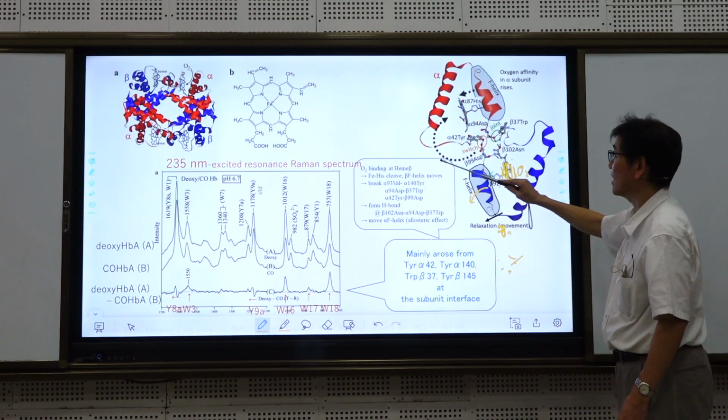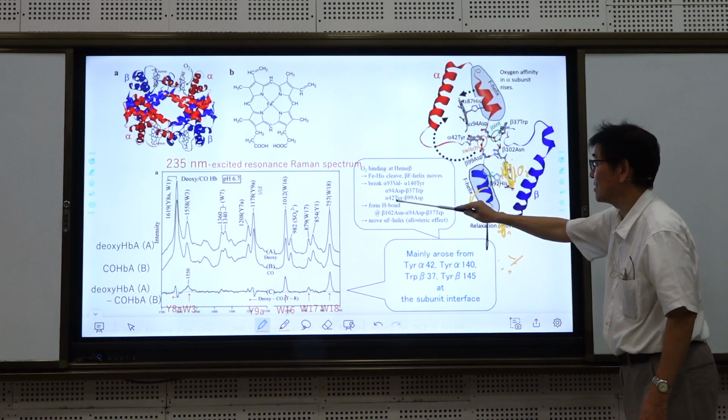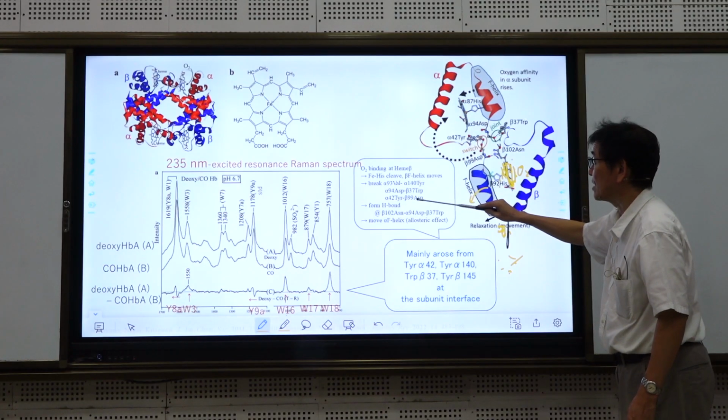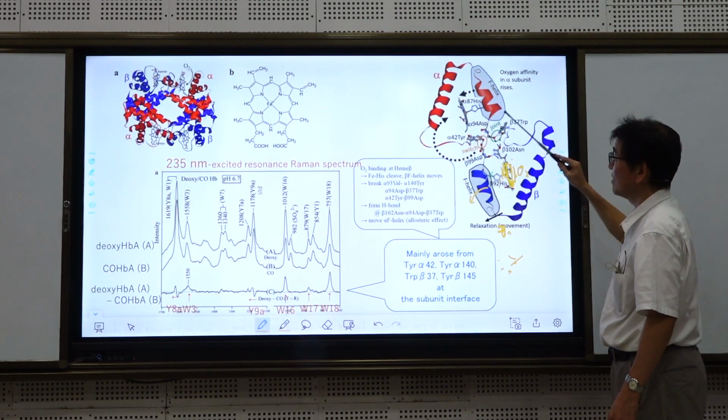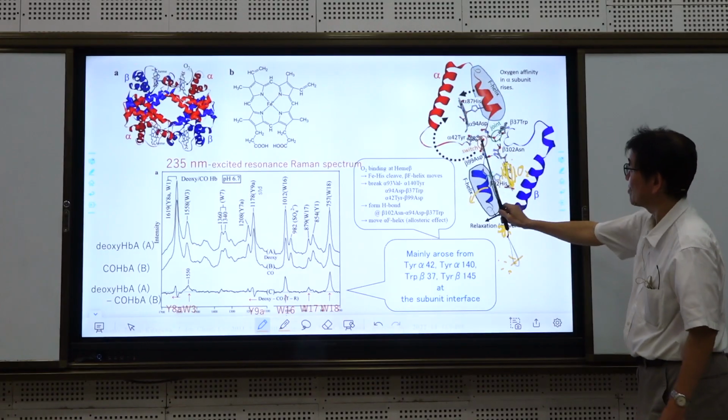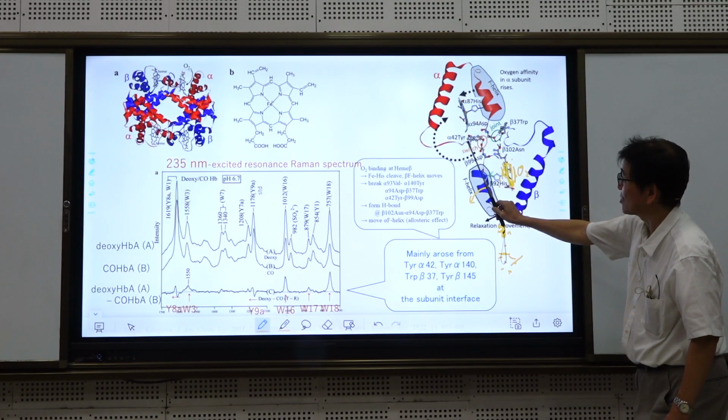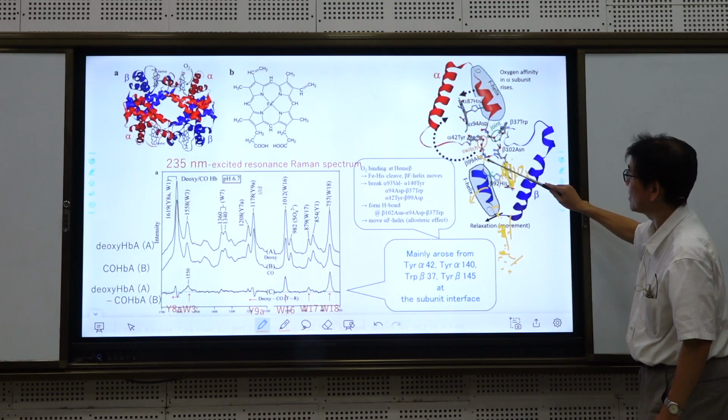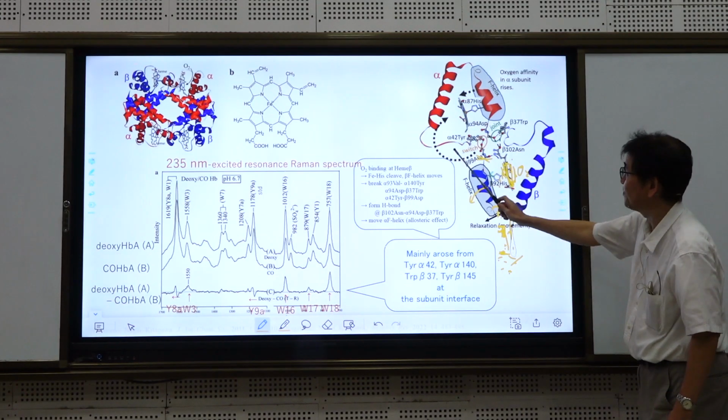And aspartic acid tryptophan hydrogen bonding. Tyrosine 42, aspartic acid 99, hydrogen bonding. So the rearrangement of the helix cuts the hydrogen bonding around here.